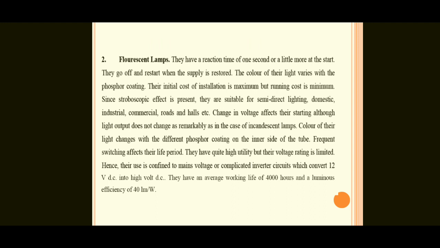The initial cost of installation is maximum, but the running cost is minimum.